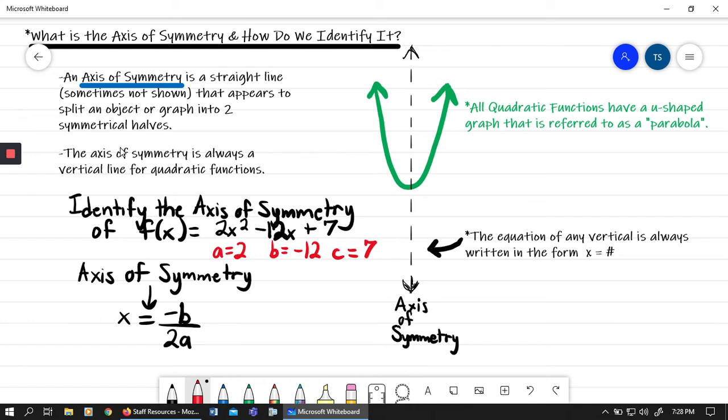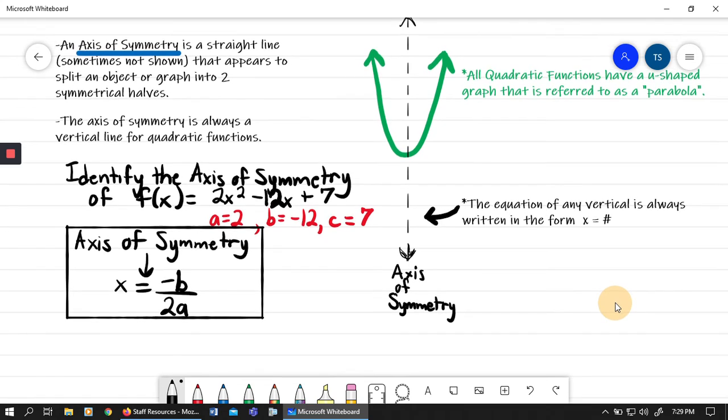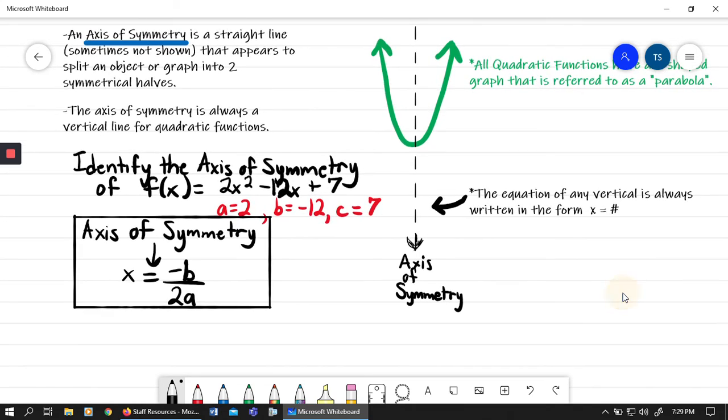So all we should have to do here is substitute these values, and we should be able to get the equation for the axis of symmetry.